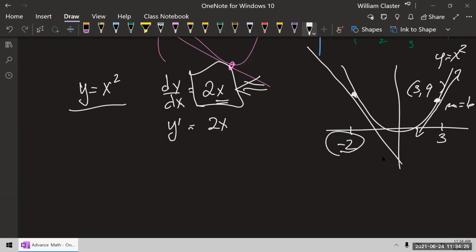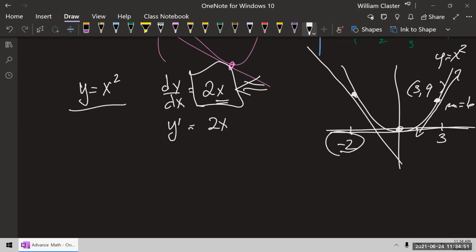Well, at least it was negative, and we did require it to be negative. And also we can do another check right here. But what's the slope here? Well, you can see that the tangent line is flat, so the slope should be 0. And this is when x equals 0. So we're supposed to put in 0 in here, and we do get 0. So at least it looks like it's working.